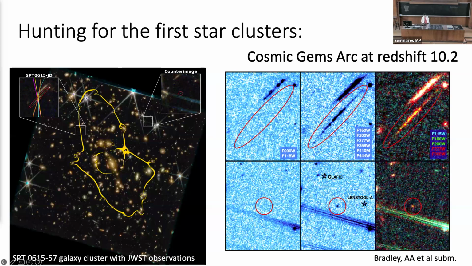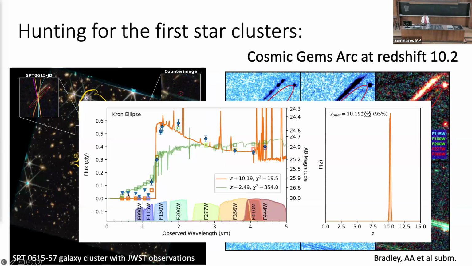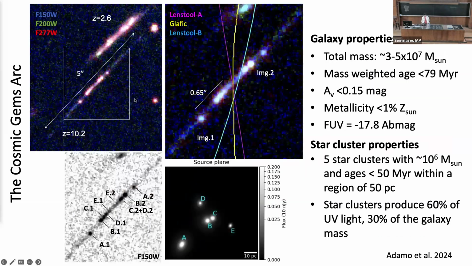This is the prediction from the lens model, and this is where the candidate is, which we think is the counter image of this arc. This is a redshift estimate of the galaxy, and we don't find a secondary peak. It's quite tight around redshift 10, but we do not yet have spectroscopic confirmation of this redshift.